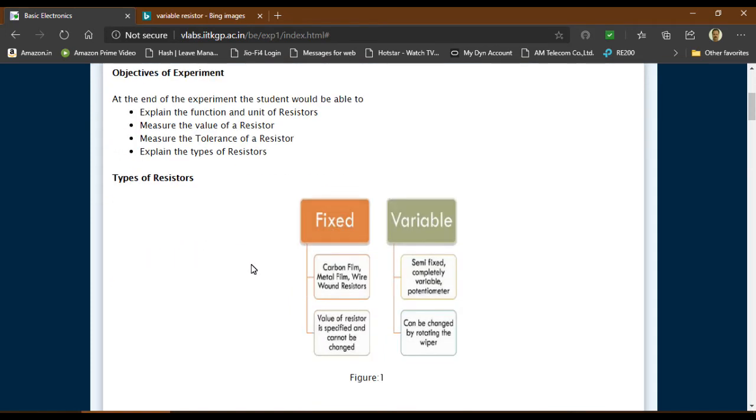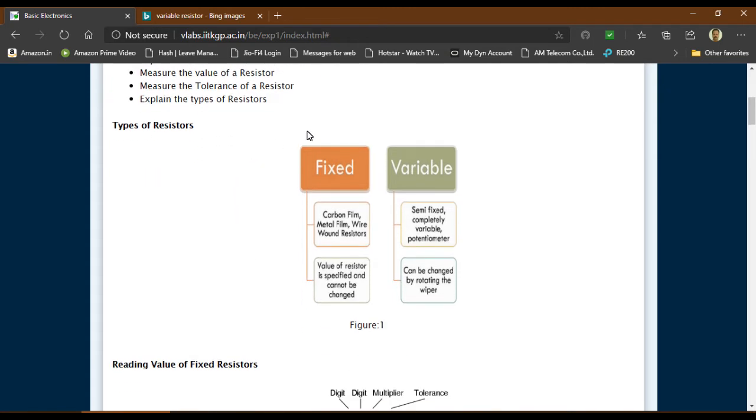Firstly, they have categorized two basic types of resistors. One is fixed, another is variable. Under the fixed column, you may find carbon film, metal film, and wire wound resistors. All these types of resistors are fixed in value, you cannot change the value, and they have two electrodes or pins only.